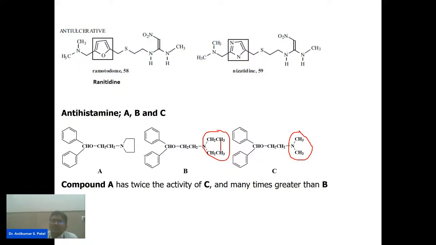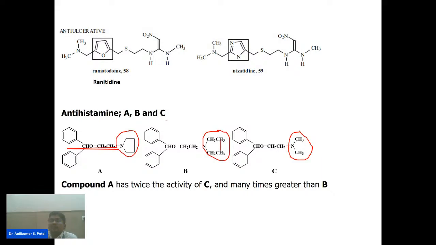So this is called ring-chain transformation, or chain-to-ring or ring-to-chain transformation, and this compound has twice the activity of C and many times greater potency than B. So this ring-chain transformation leads to more potency.